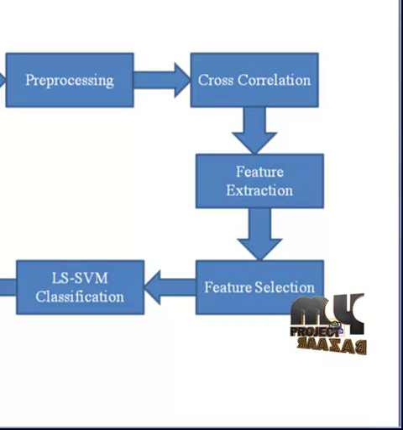The performance analysis is done by measuring the accuracy of the classifier and comparing it with the previous algorithms used to classify EEG signals. Thus, we identify the input signal as normal or abnormal based on the cross-correlation features extracted, we select the features using the GA algorithm, and finally we classify using the LSSVM classifier.